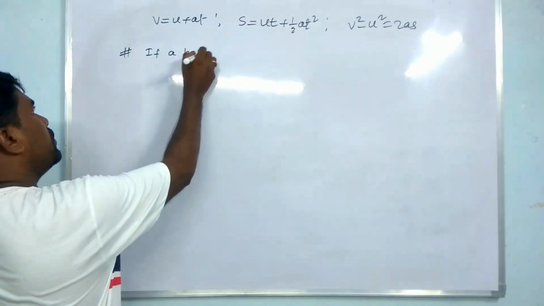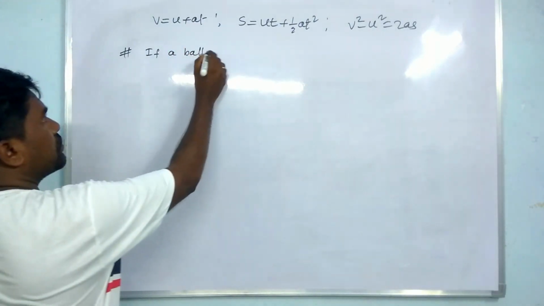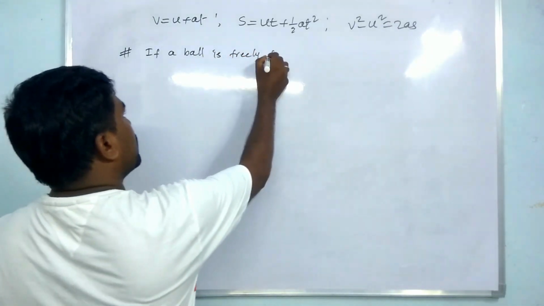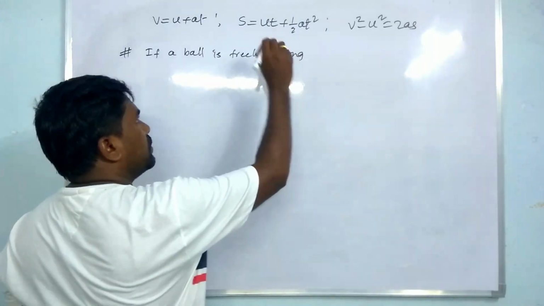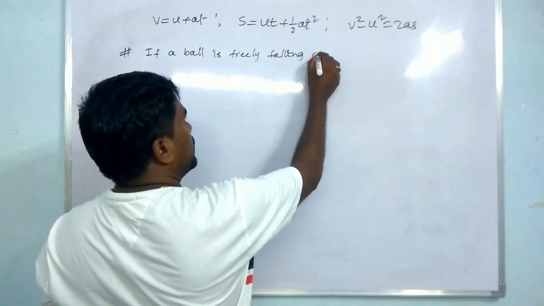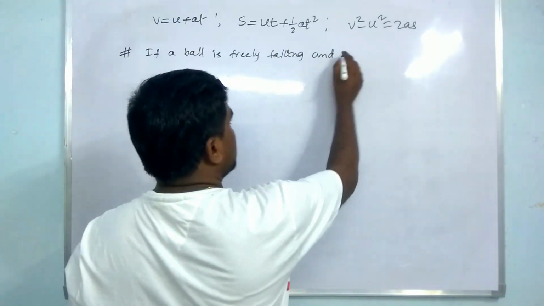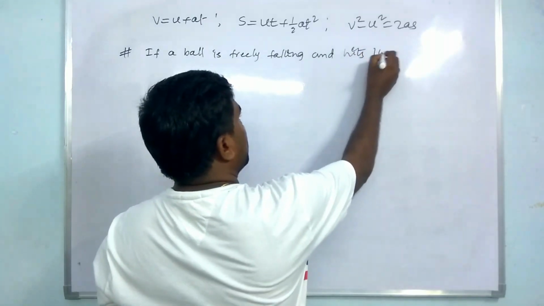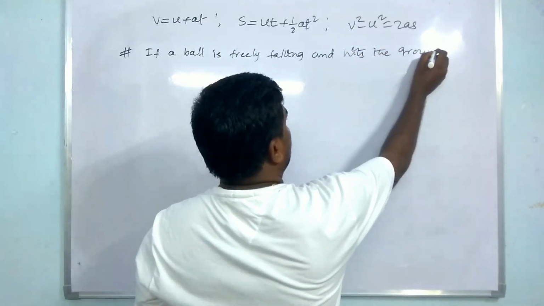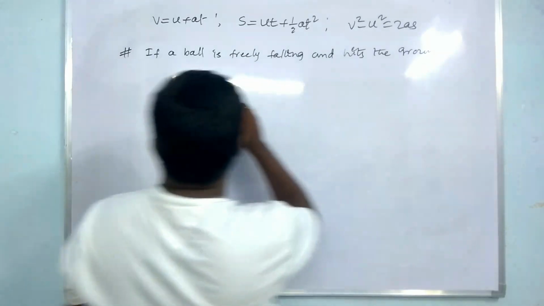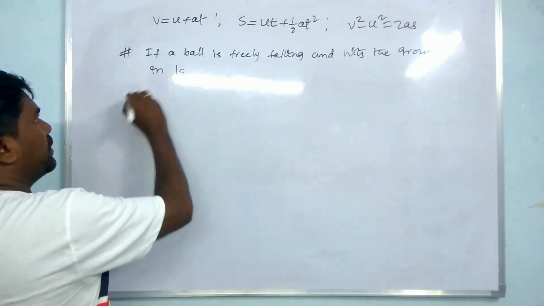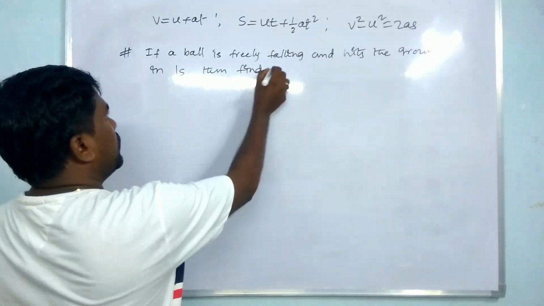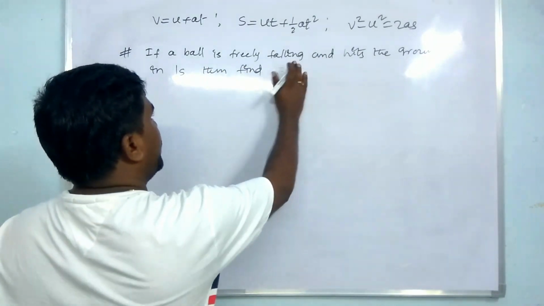A ball is freely falling and hits the ground in 1 second. Find the velocity, the speed of the ball.